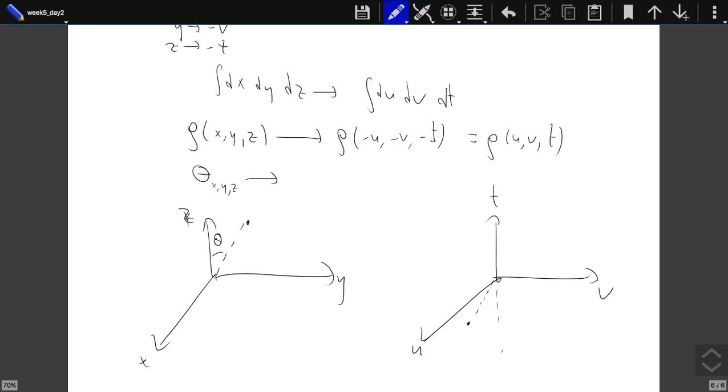So this angle was theta. Well, this angle is also theta. So this angle over here is pi minus theta. So theta goes to pi minus theta.